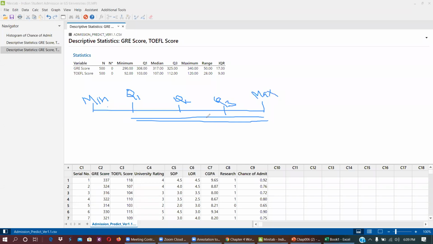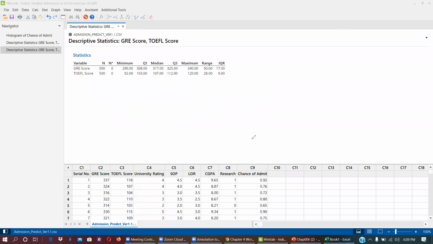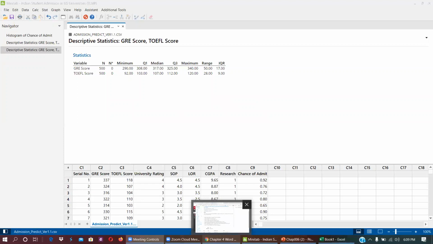So what I'm asking, this top 75%. Look into what is the maximum value? 120. What is the Q1? This. So 103 to 120. I hope you are understanding what is the solution and why many students made some mistakes.